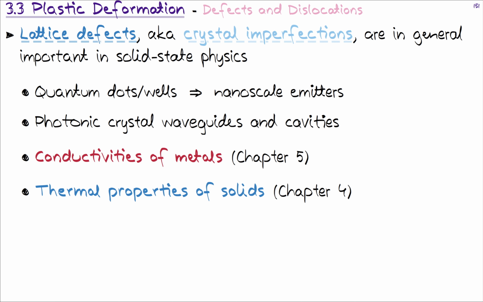So with lattice defects and how pure we want our materials to be, things become very sensitive. For example, the thermal conductivity becomes very sensitive to lattice defects when we want to achieve state-of-the-art performance out of our material.